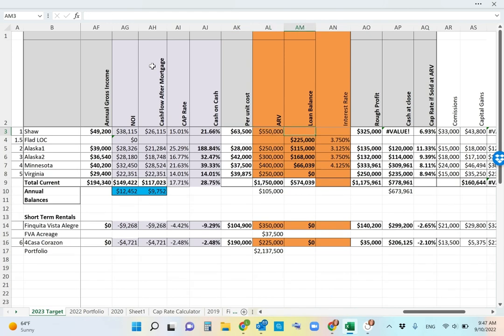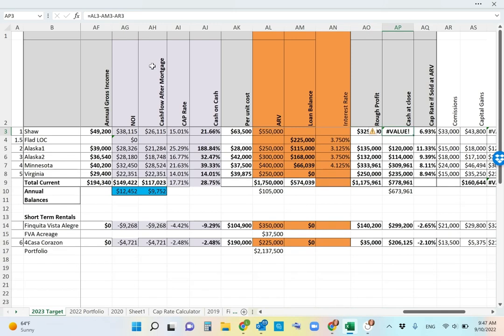So then finally, the ARV is what I believe that I could sell the building for based on its condition, income, and location, and any loan balance that I have on that property. Finally, the interest rate on any loan that I am currently carrying, and a rough profit for me from the cash at sale minus the loan balance.